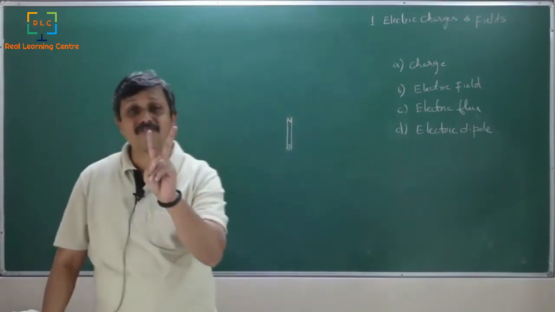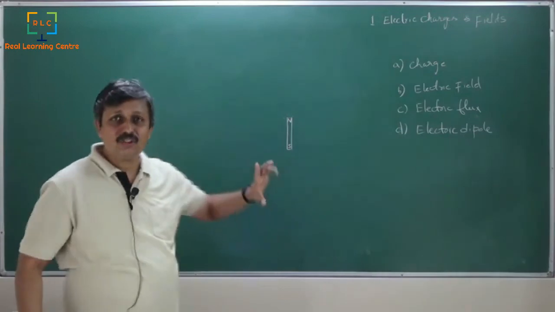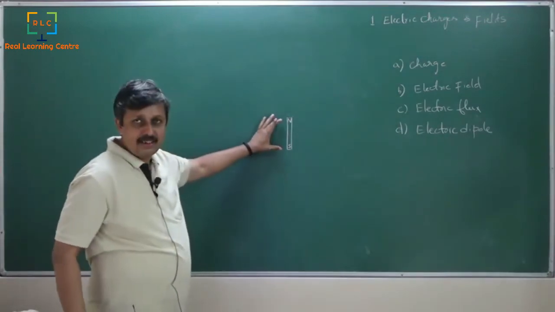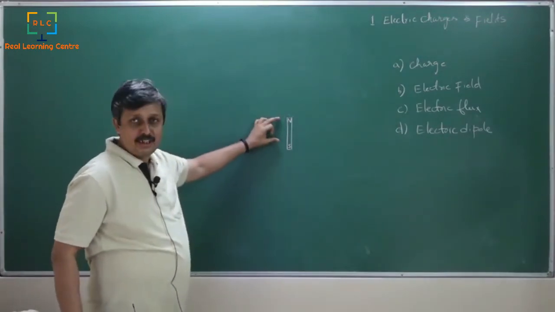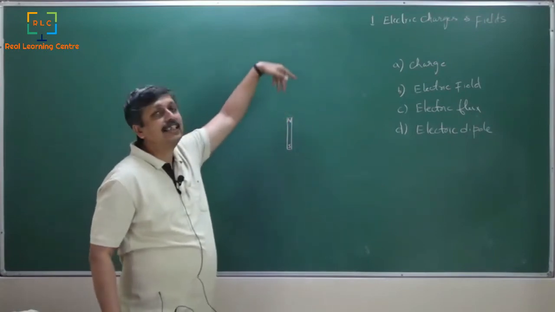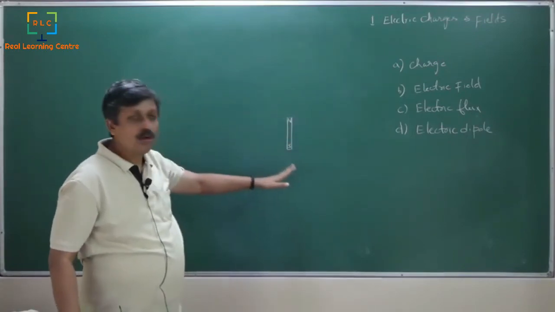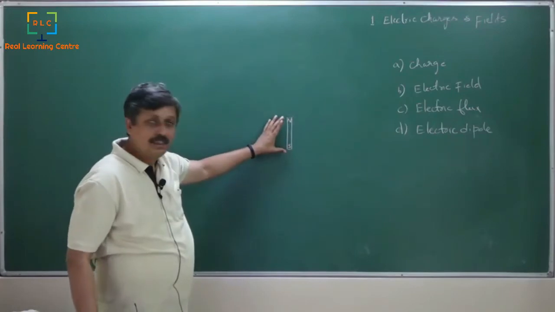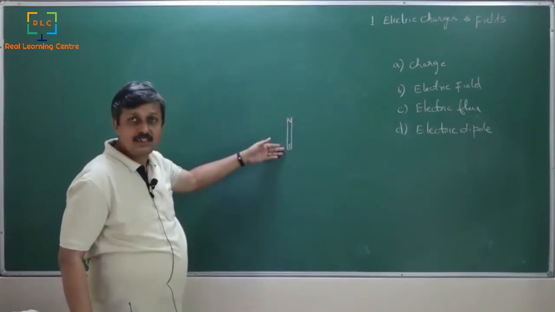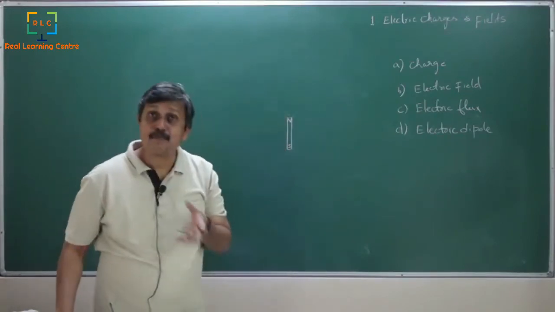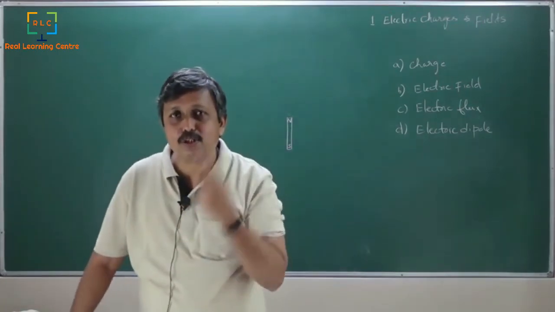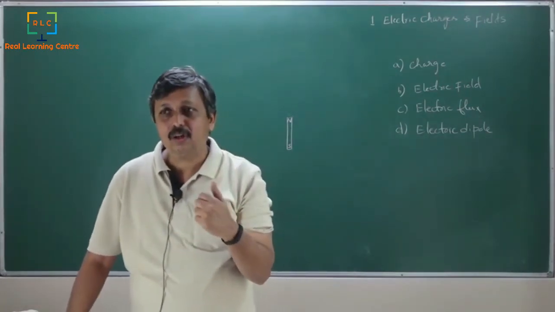So there are two poles which are stuck to each other, meaning there is a constraint in terms of how they are arranged. This pole cannot go away on its own, and this pole cannot go away on its own. They are connected together through some entity. Such a thing is basically a dipole. A dipole is nothing but two poles. So why is it useful?